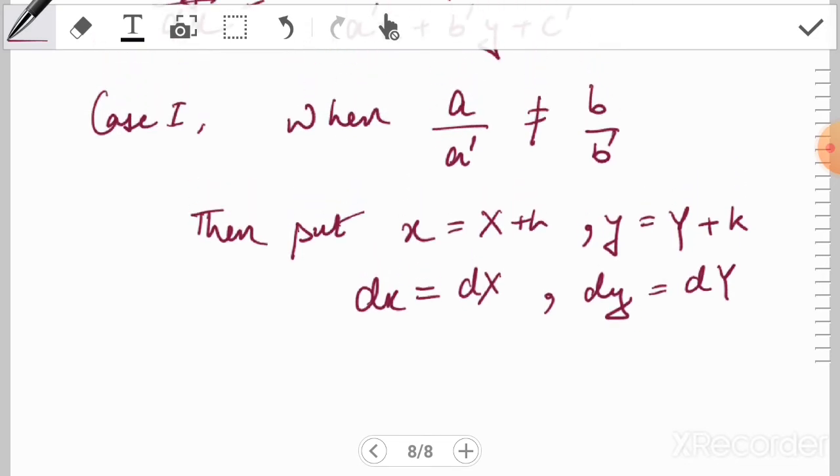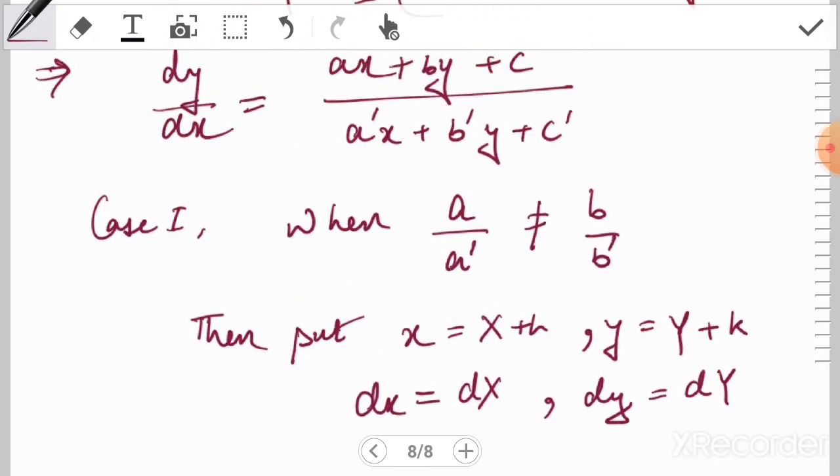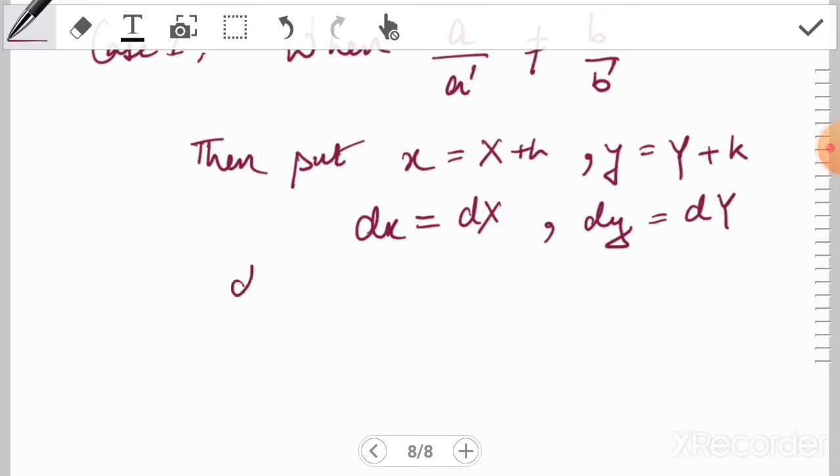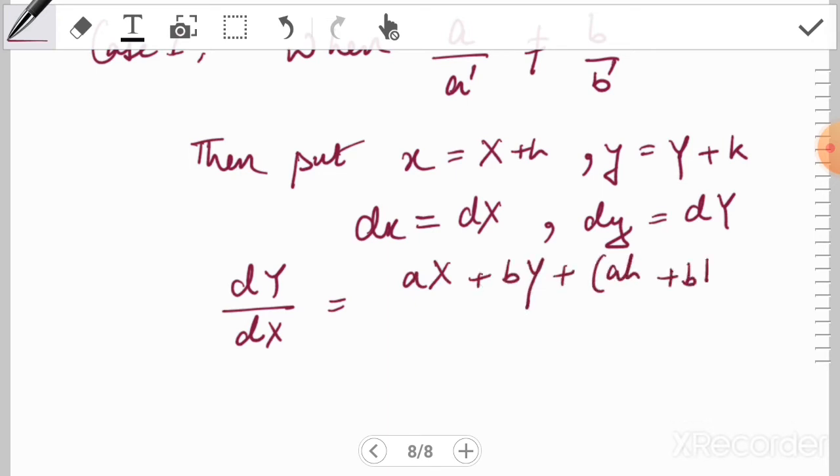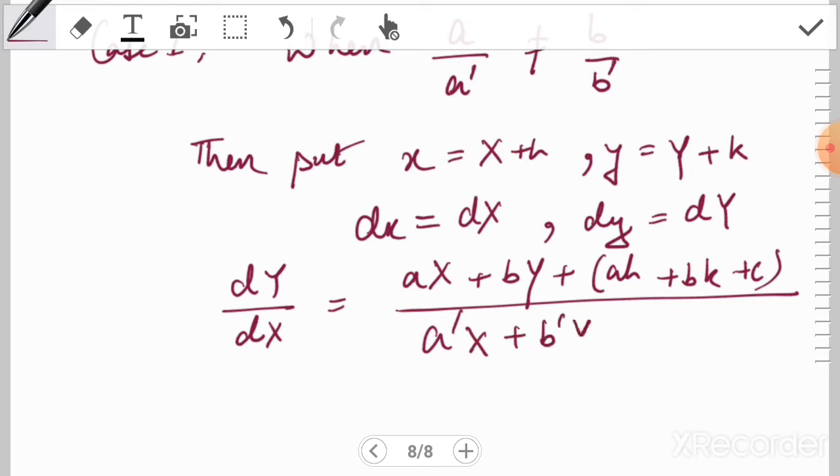Now this equation will become dY by dX is equal to aX plus bY plus ah plus bk plus c divided by a dash X plus b dash Y plus a dash h plus b dash k plus c dash.